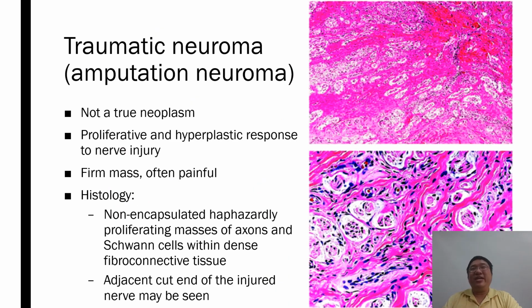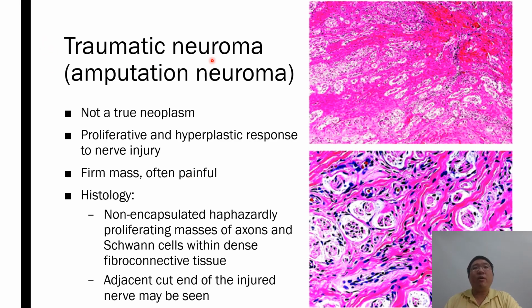This one is an extra because the exam asked about this one in recent years, last year or the previous year. It's traumatic neuroma or amputation neuroma. Even though the name ends with oma, it is not a neoplasm. It is a proliferative and hyperplastic response to nerve injury. After amputation, we may see a firm mass, often painful, at the amputation site.